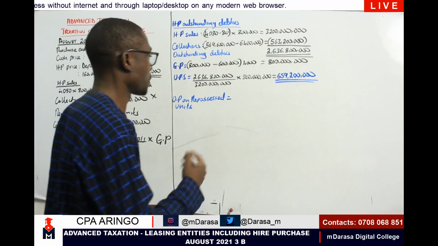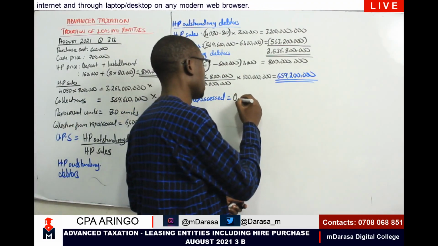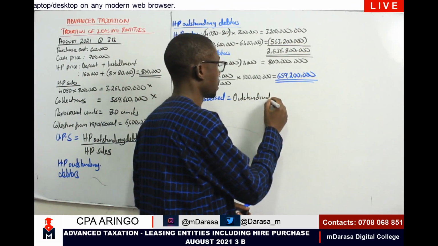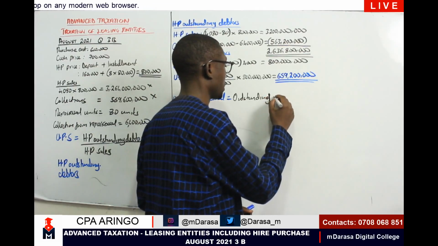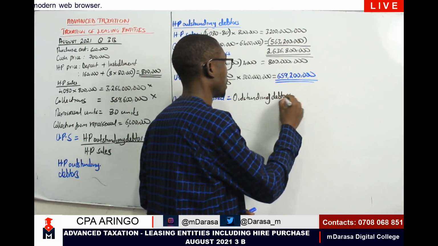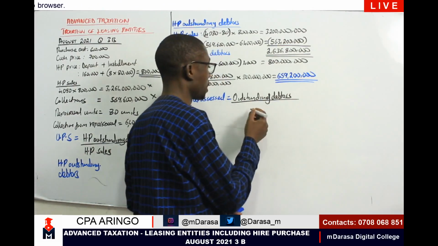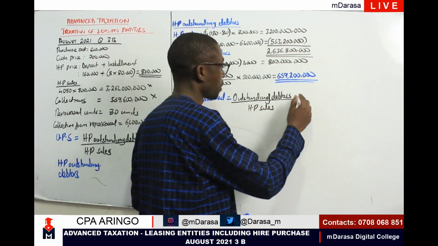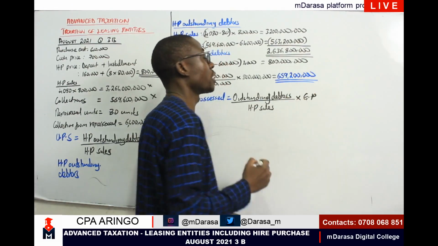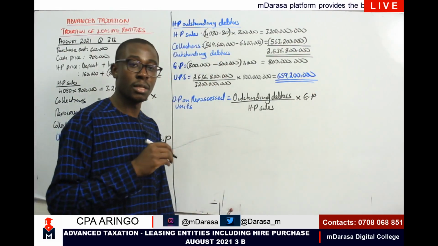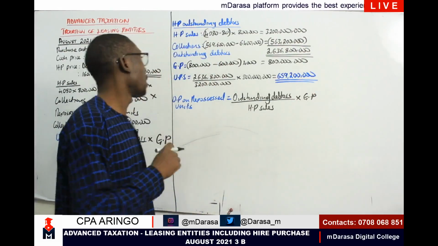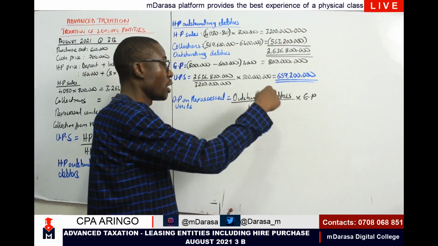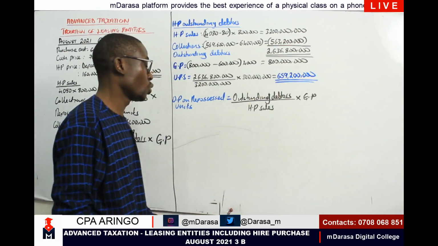We need to determine the outstanding debtors on repossessed goods. We divide by the hire purchase sales on the repossessed goods. We multiply by the gross profit on the repossessed goods. Kindly recall that basically all this is on the repossessed goods, which you should have in mind.